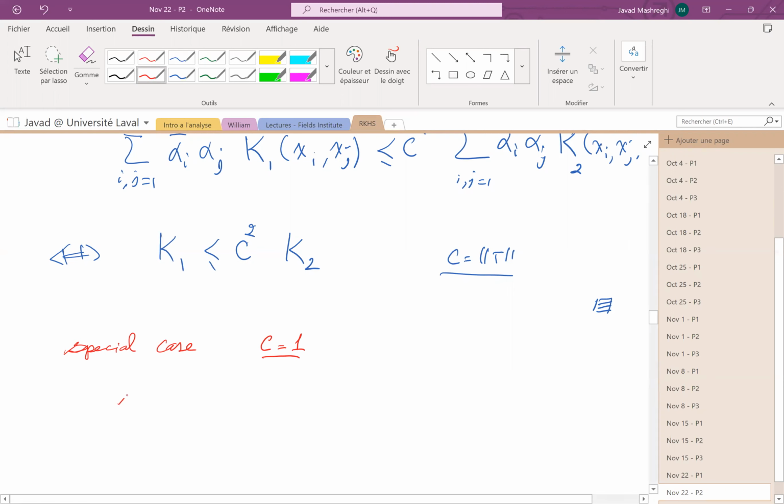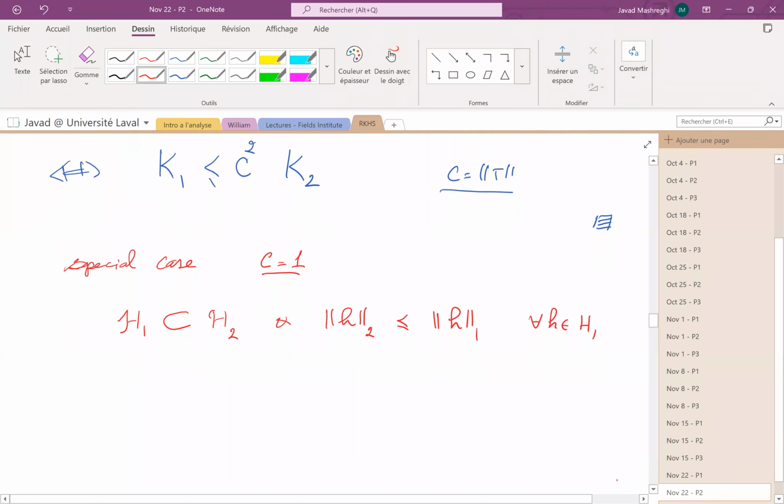So H1 is a subset of H2, but more than that, the norm of h in 2 is less than or equal to the norm of h in 1 for any element of the smaller space. In this case, we say H1 is contractively contained in H2.